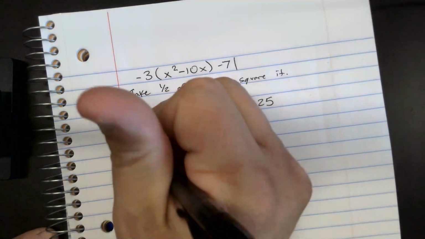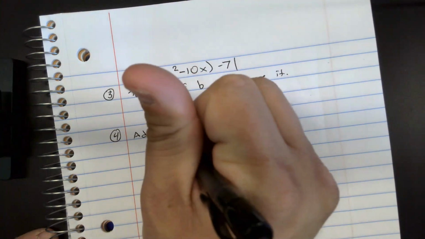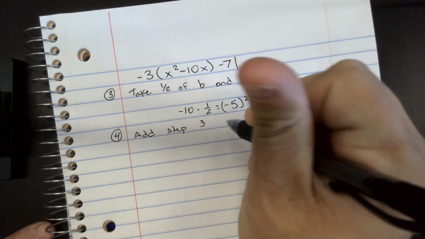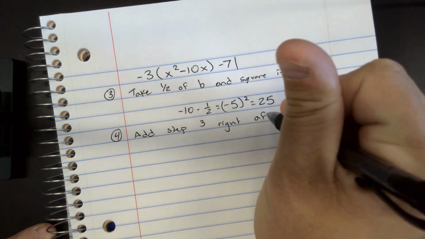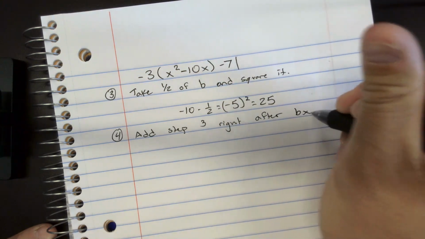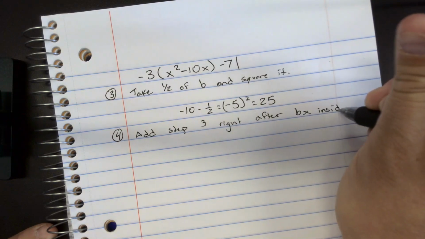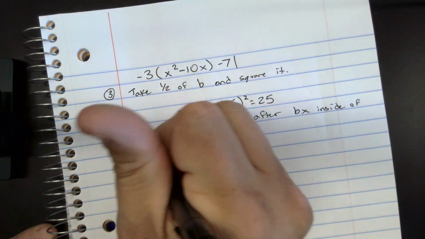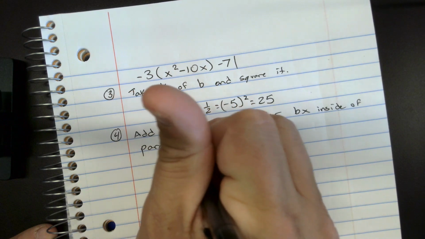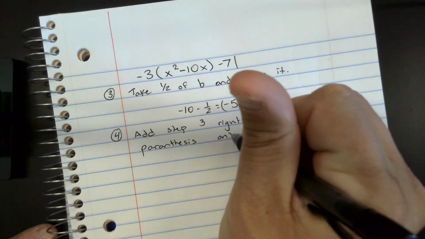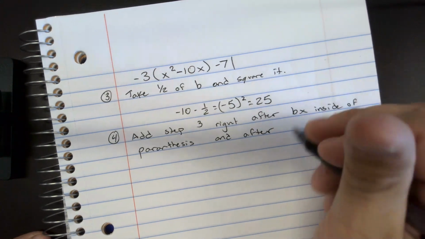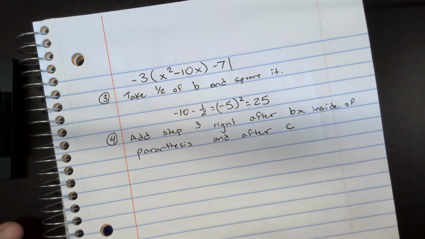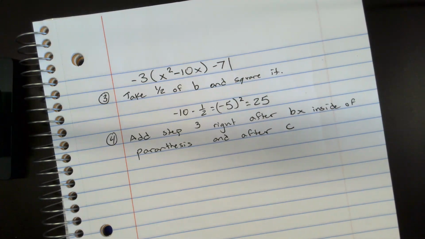From here, we're going to add step 3 right after bx inside of the parenthesis, and after C. So we're going to add it in 2 different places.